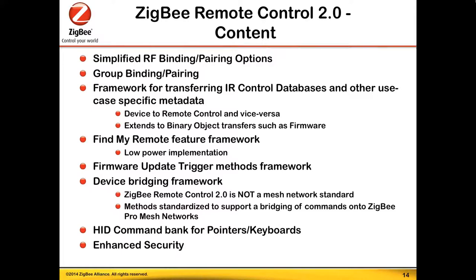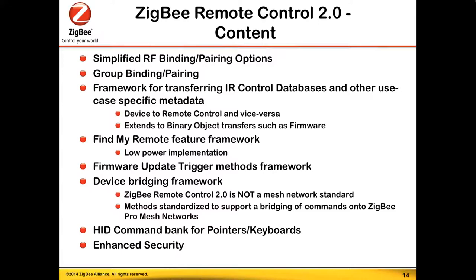And also that framework extends to transferring binary objects or binary large objects, such as firmware enhancements and firmware upgrades over the air. The Find My Remote feature was touched on by Case as well, and you'll hear a lot more about that in the next couple of slides following my presentation.